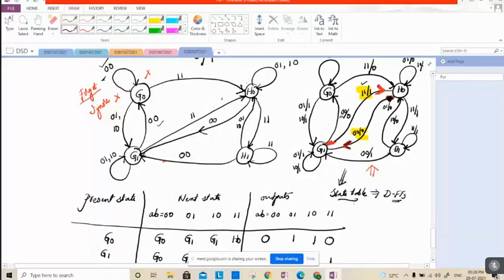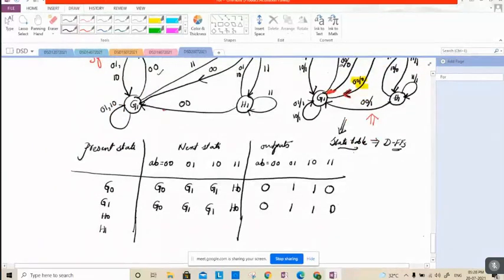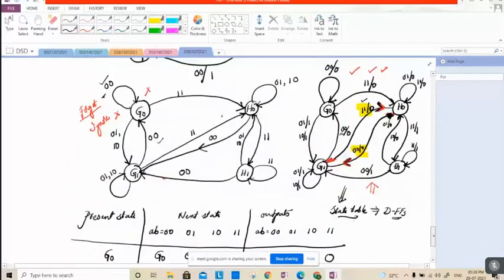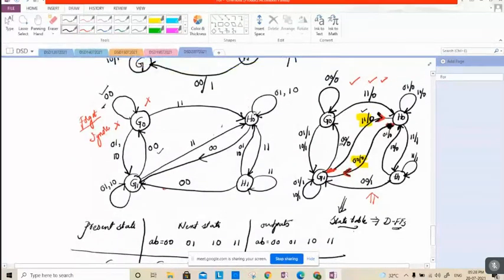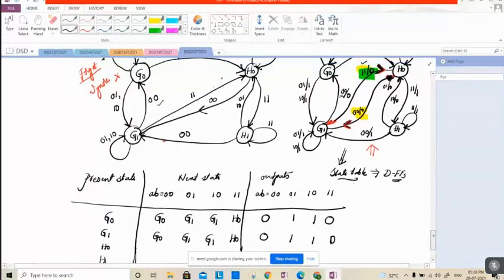Sir, at H1 there is 0. Right, it should be 0. This is 0 here. I have done a small change here. Please observe the change. I changed 1 to 0.